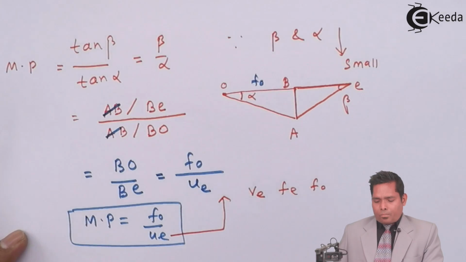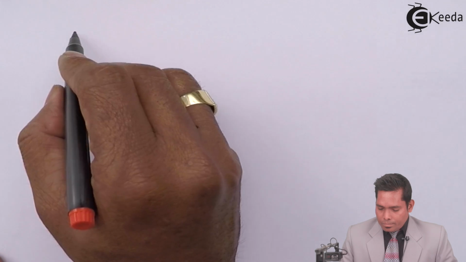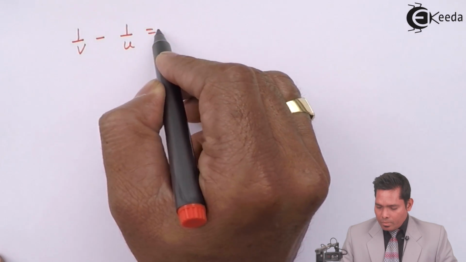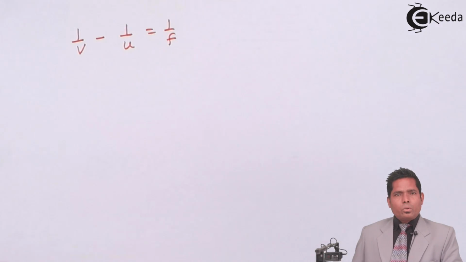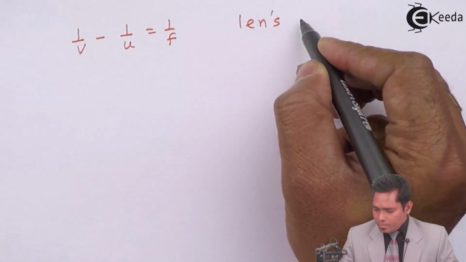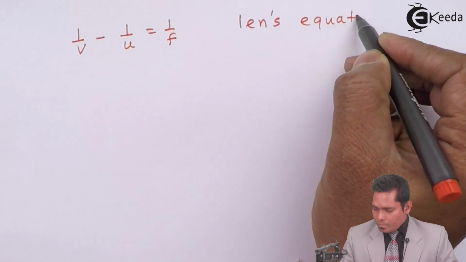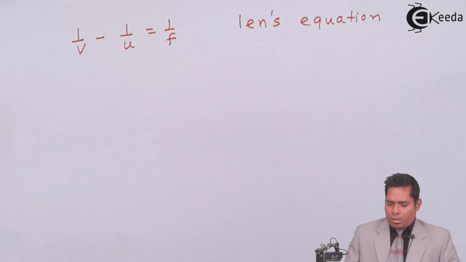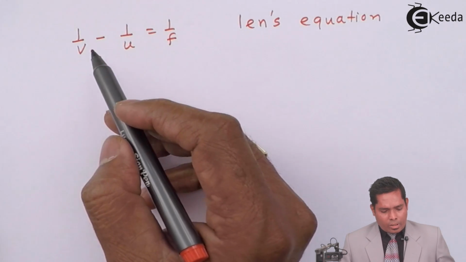So to do that, again we have to go for the lens equation. The lens equation is 1 by V minus 1 by U is 1 by F. Now I will substitute the values here.